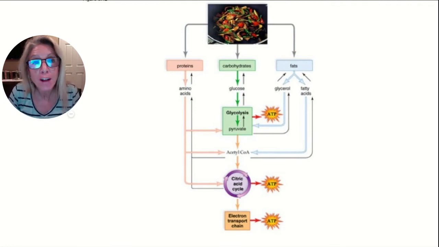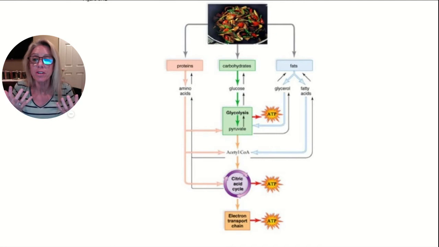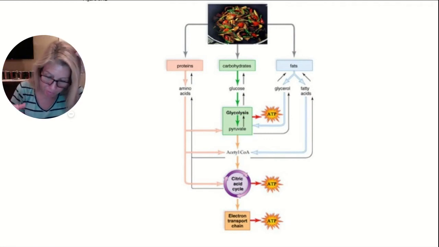Per serving, what has more calories? Carbs or fats? Fats. The reason is they generate so many acetyl-CoAs, you get so much ATP that you get all the ATP you need, so you don't need to keep doing cellular respiration. So what are you going to do with the extra carbs? What are you going to do with the extra fats? Store it as fat. Okay, so that's where that comes from.